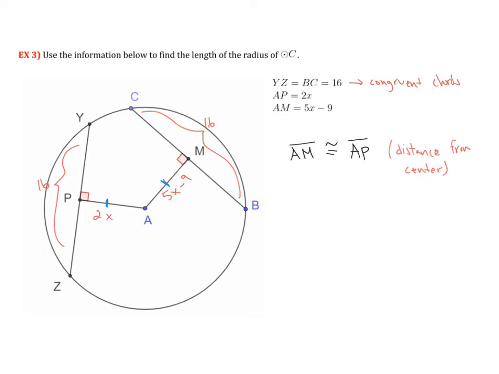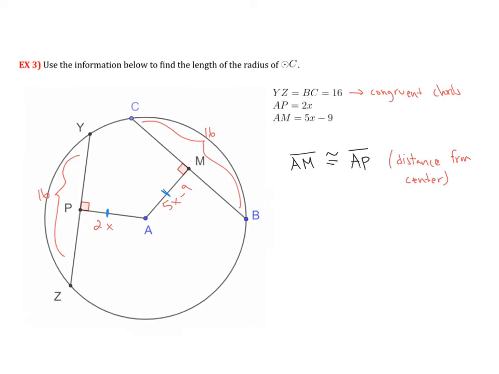Okay. All right. Because of this, we can now do some substitution into an equation. So AM, which is 5x minus 9, is going to be equal to AP, which is 2x.